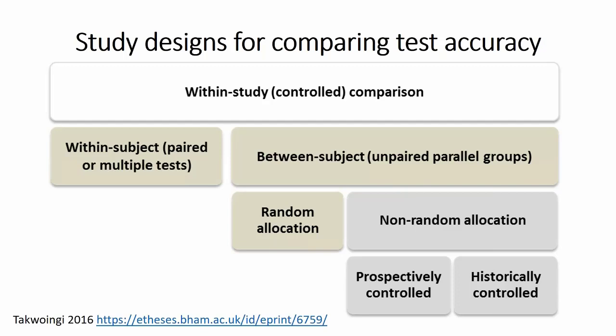Now the question is, is this a fair comparison? I don't think so. So these designs differ in terms of how robust they are, but when we talk about robust comparative studies, we're talking about studies that use the within subject design or a randomized design.